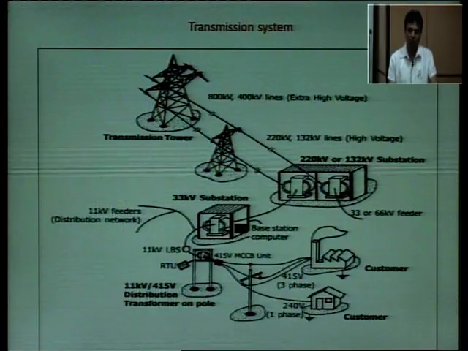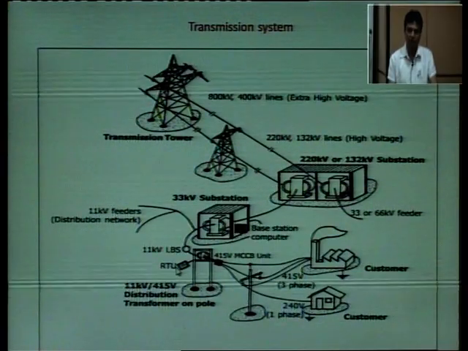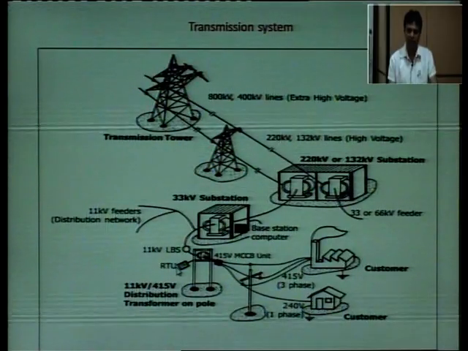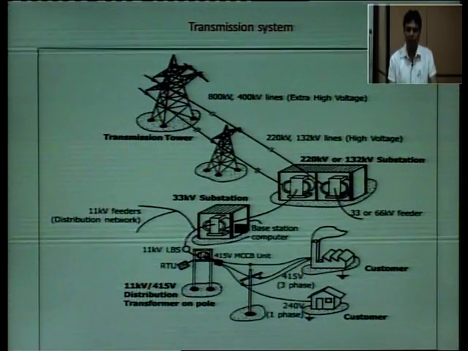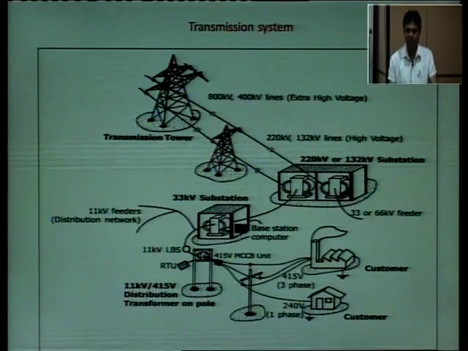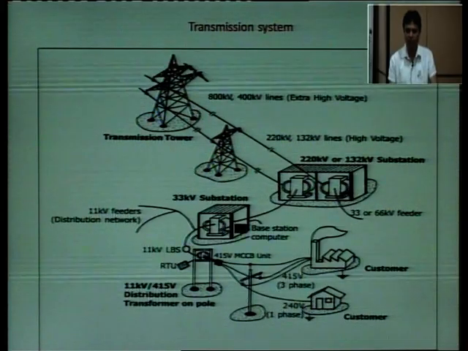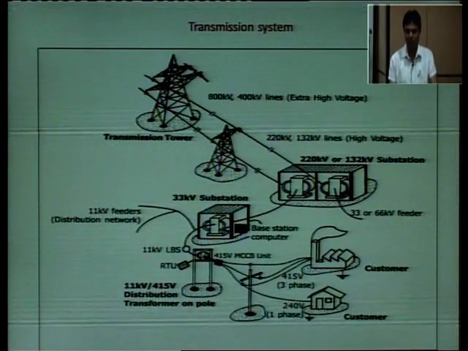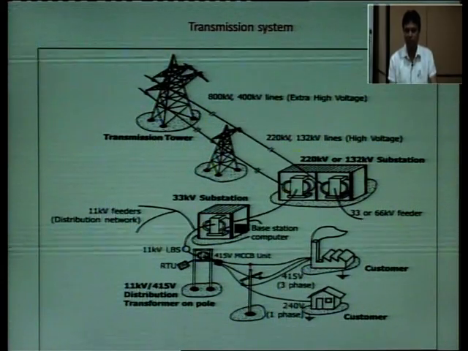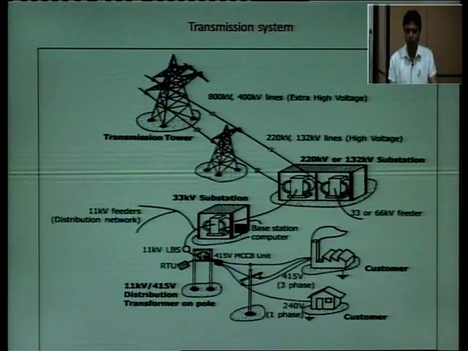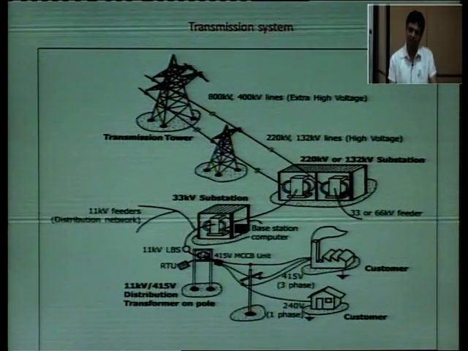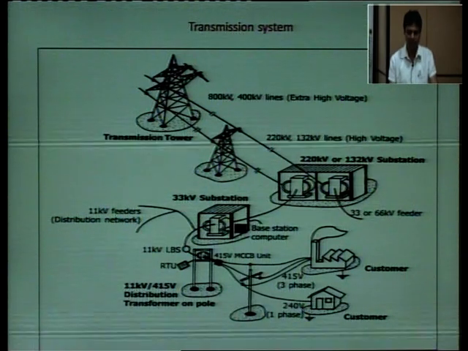Then this electrical energy is stepped down to 11 kV/415 volts by using a transformer that is also called a distribution transformer. This transformer will also be discussed in this lecture.